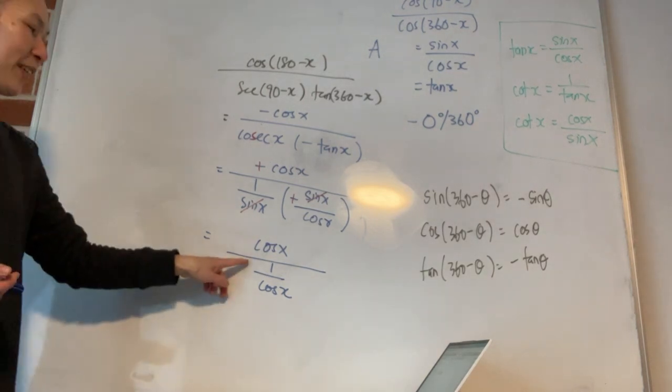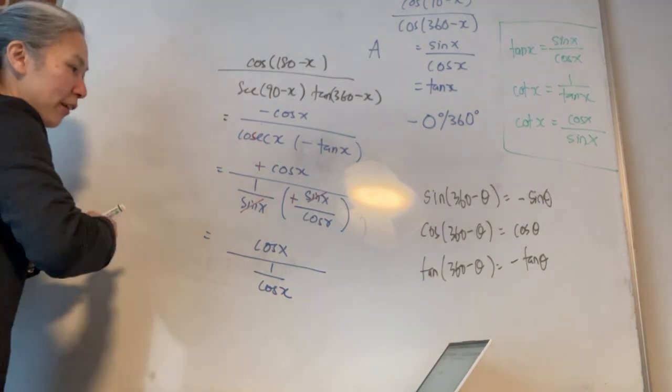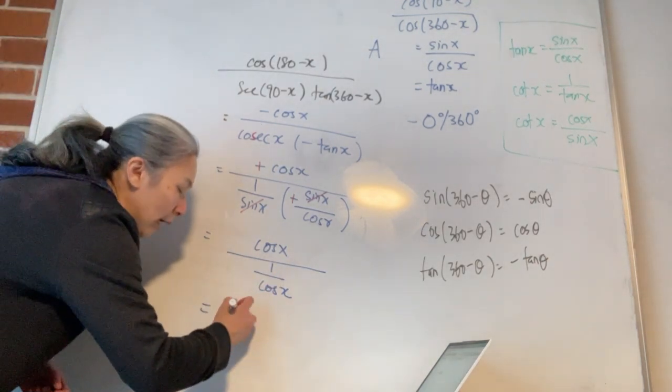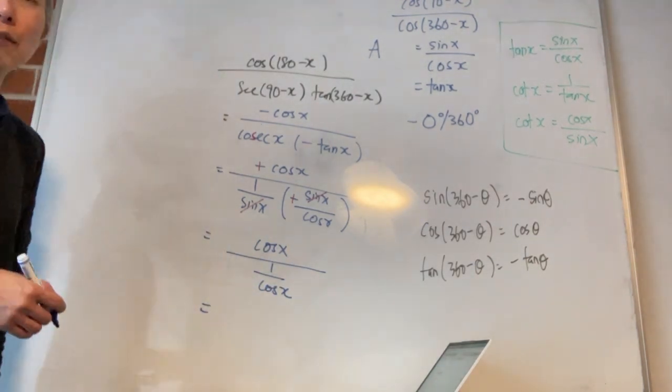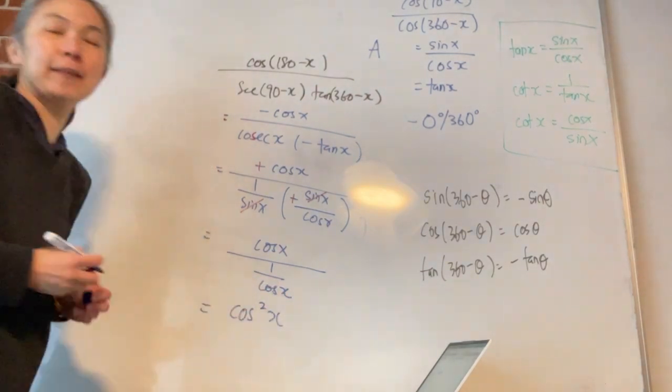Then we treat this one as a divide and then we do the timesing, swap it around. So you're going to have cos x times cos x on 1. Swapping, dividing becomes timesing, you are going to eventually get cos square x.